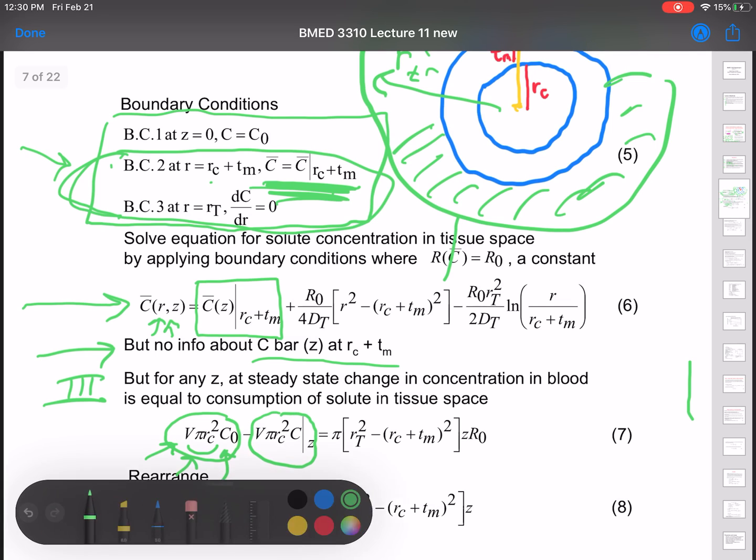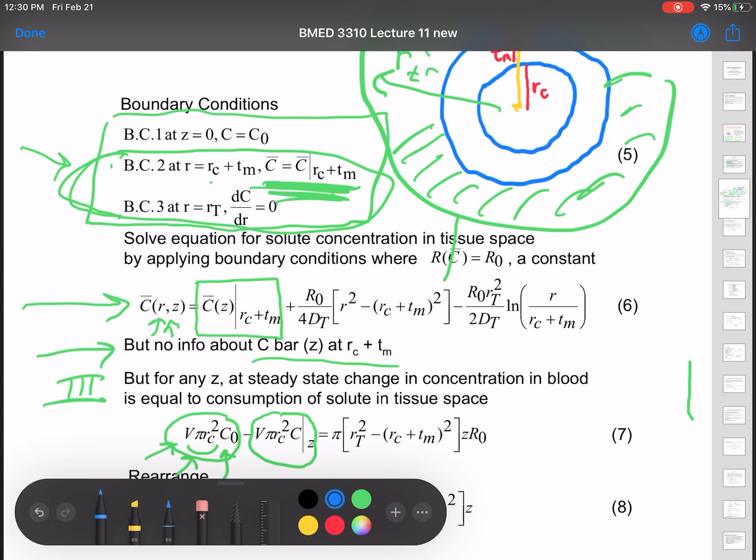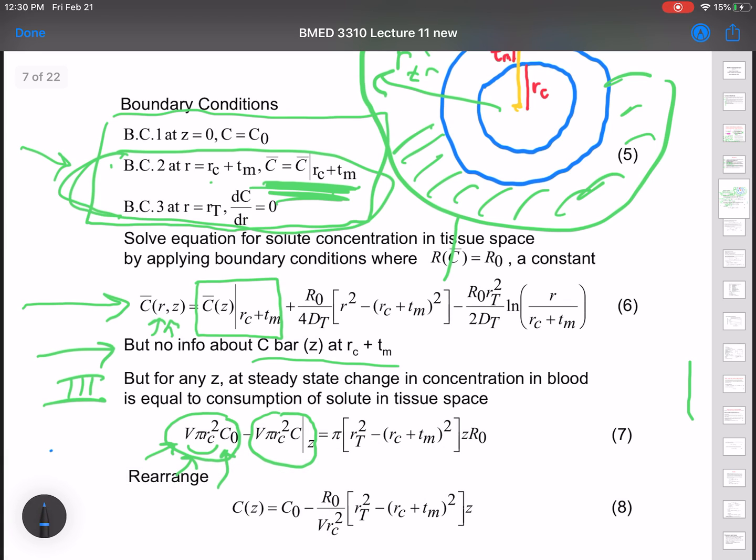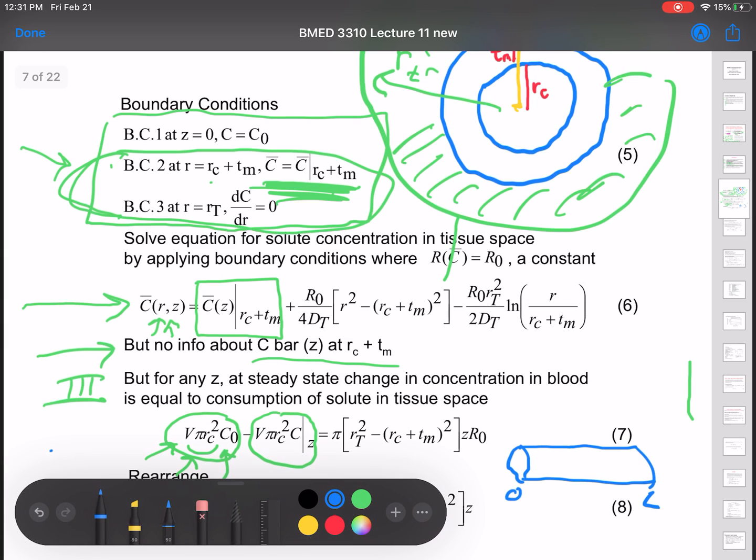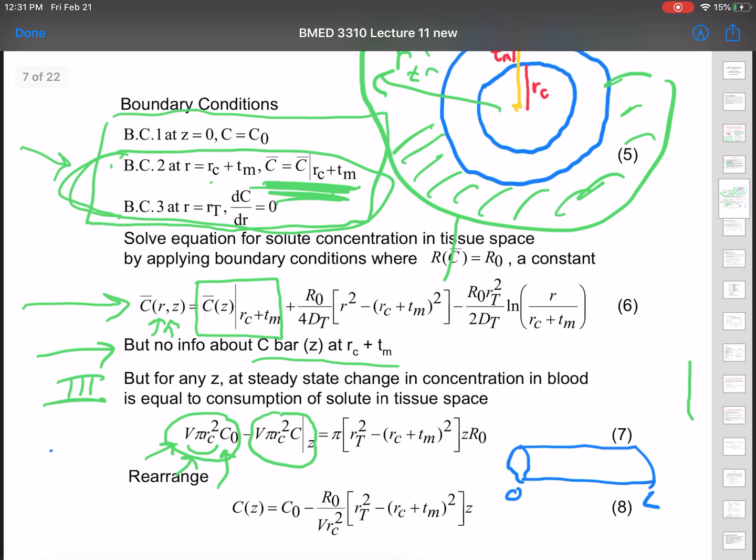Okay, actually maybe I should draw it. So we're looking at the blood. Here's the capillary, and it's going from 0 to L. But we want to go from 0 to some value of Z. So we're going to do a mass balance about that volume.